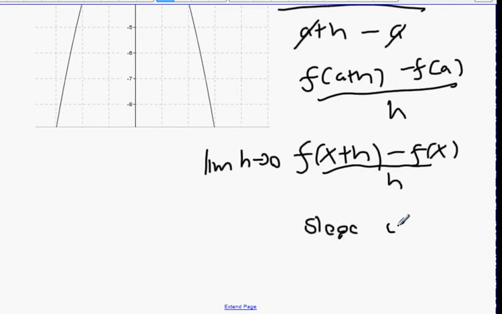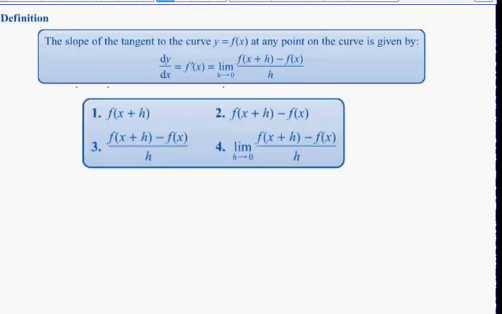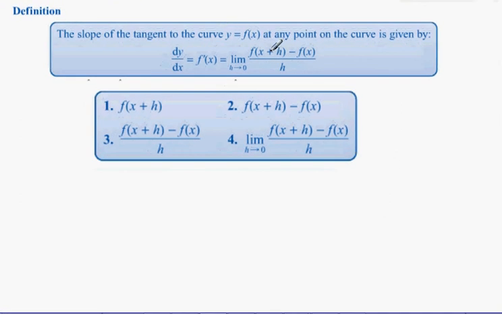Now, this brings me to the differentiation that you already know. So, the definition: the slope of a tangent is f of x plus h minus f of x, all over h, where this represents two points on the graph.